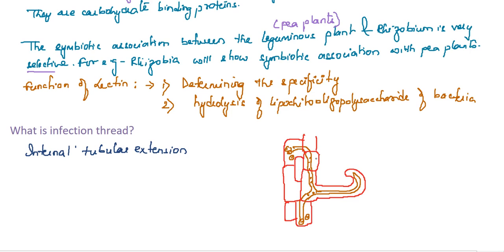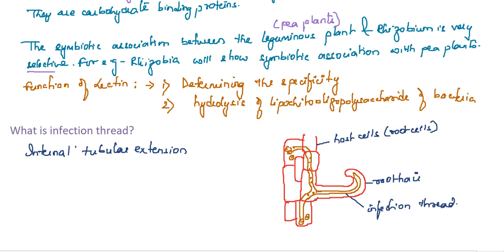So these are host cells, these are the roots, and this is a root hair, and these are actually the root cells, and this brown colored part which you can see here is the infection thread. And these are bacteria.